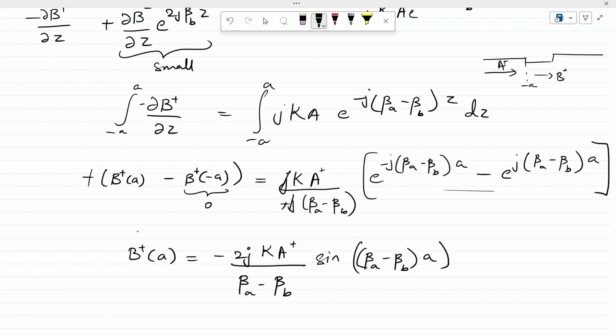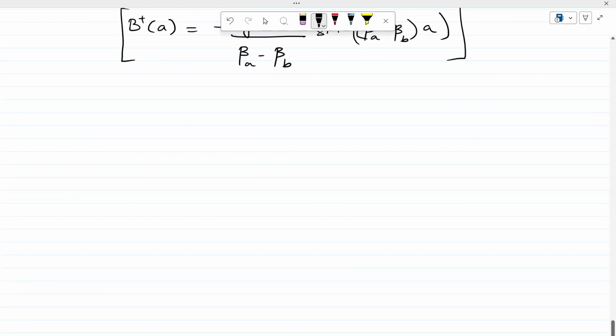So this is how the magnitude of mode 2 will vary with a. And of course, it will also depend on the coupling coefficient. So it will depend on the coupling coefficient κ, and also on the length a.